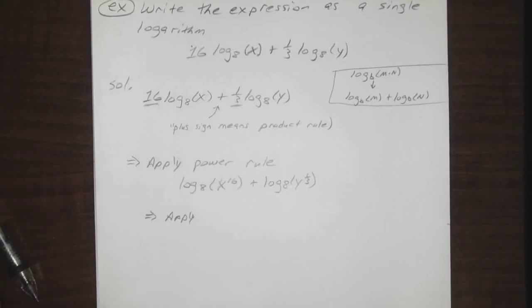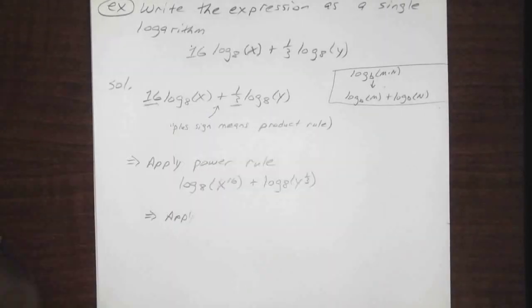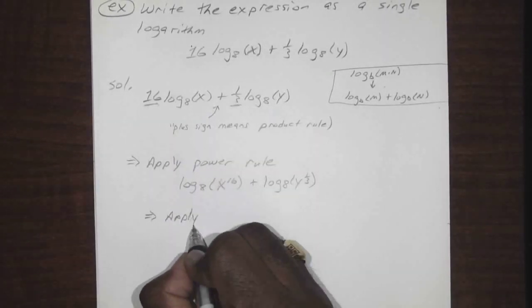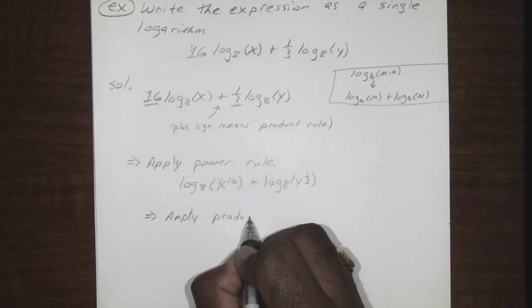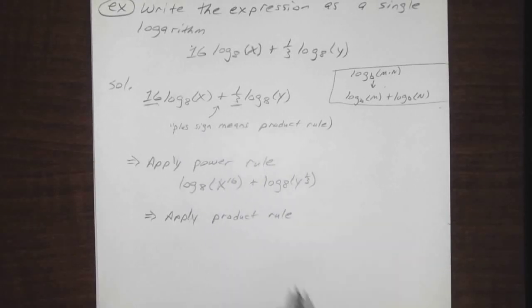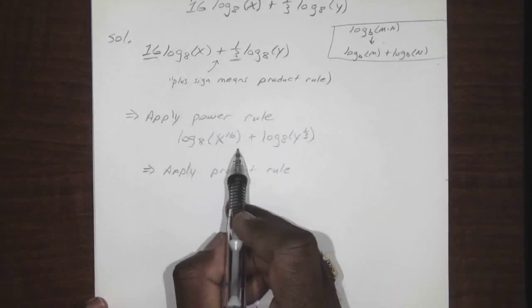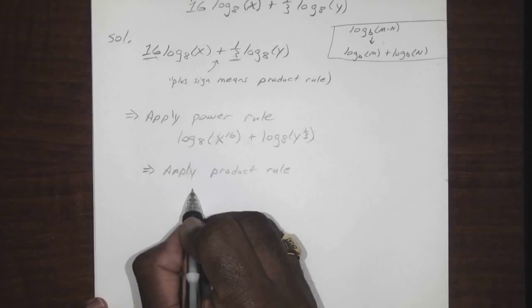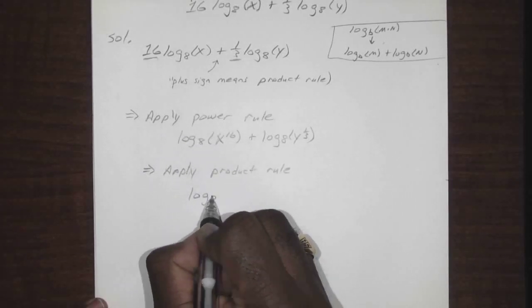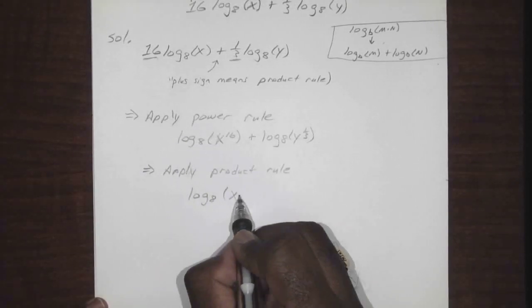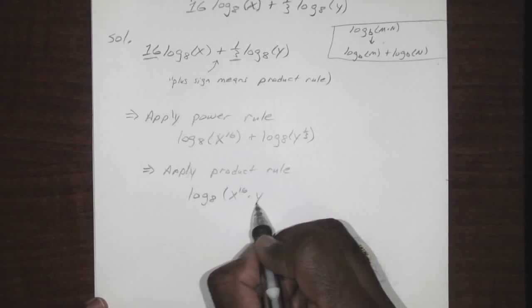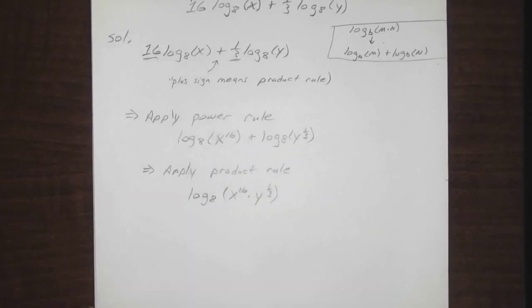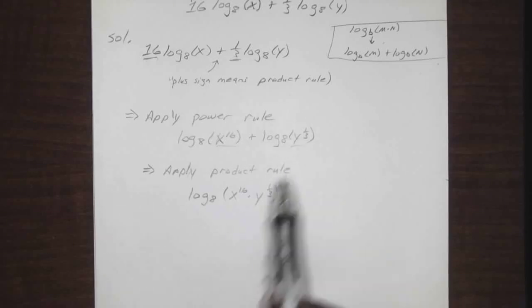So if we apply the product rule, okay, so that plus sign just means that this becomes log base 8 of x to the 16th times y to the 1/3. Remember, that's your m and that's your n.